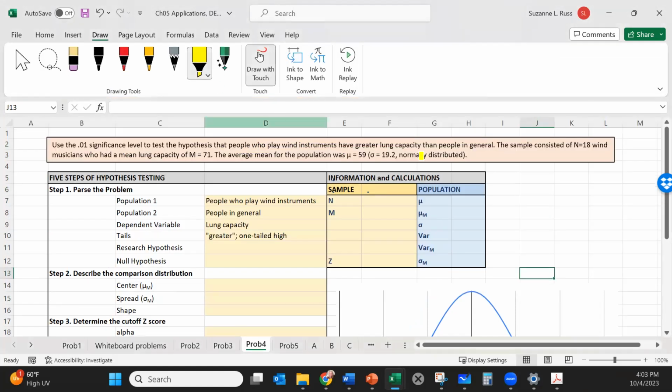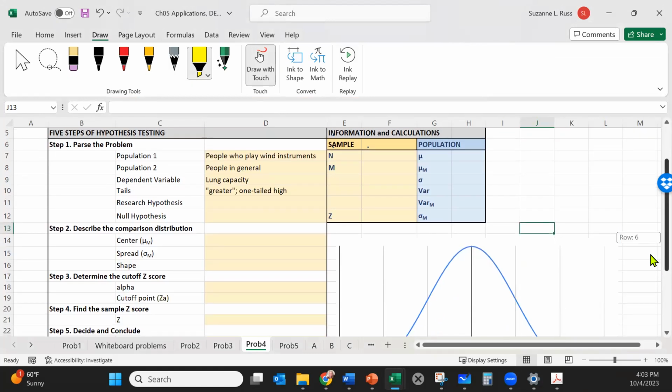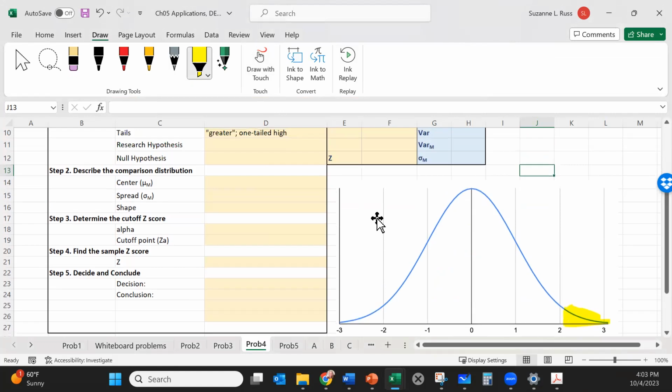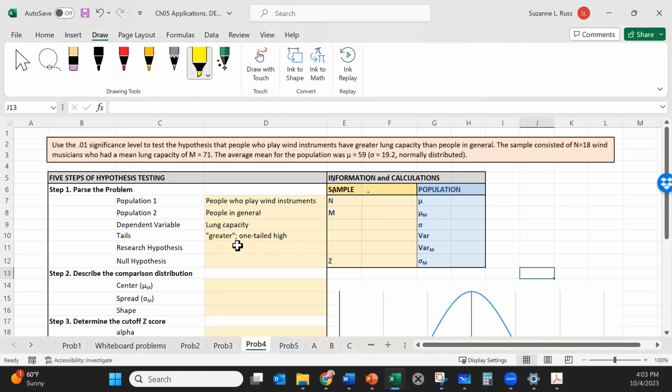So I'm just going to color that in for us right now so that we don't forget later on what it is we're looking for. And let's see if we can get this to scroll down a little bit. There we go. So we're looking for a score in this upper end of the distribution, and we don't yet have an idea of what score we're looking for. So I'm just going to put a little bit there to remind us of what tail we're looking in.